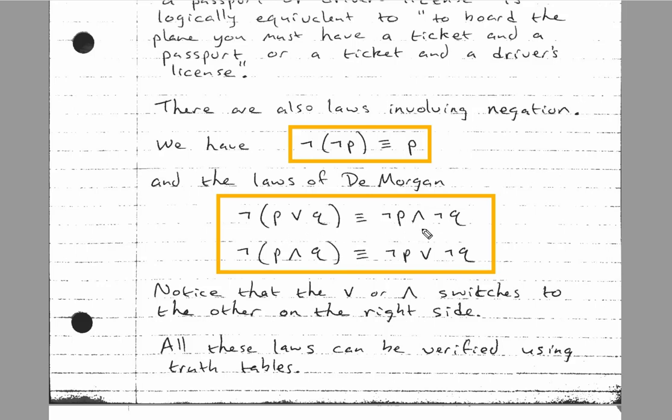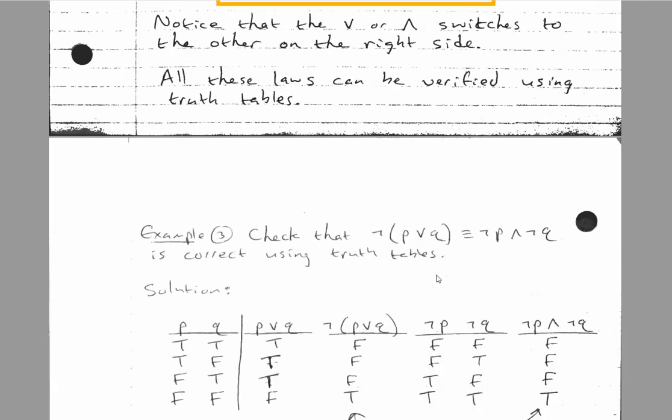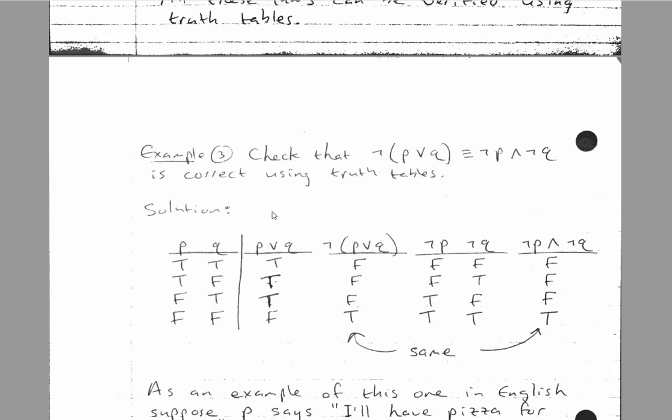Alright, so yeah, these are not obvious, but we can check them using truth tables. So that's example 3. Check that not P or Q is equivalent to not P and not Q, using truth tables.